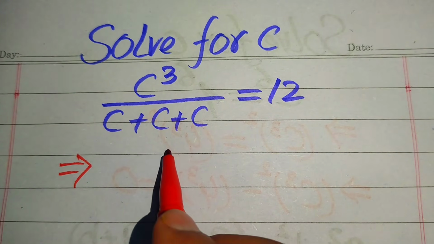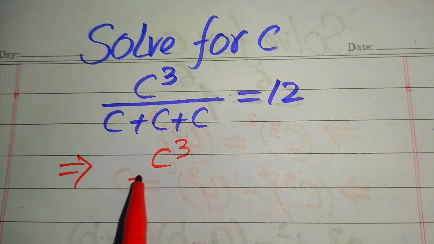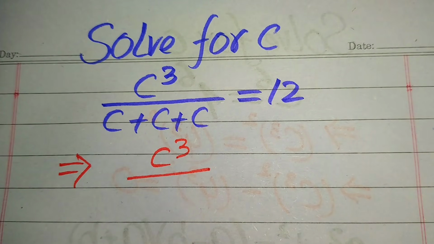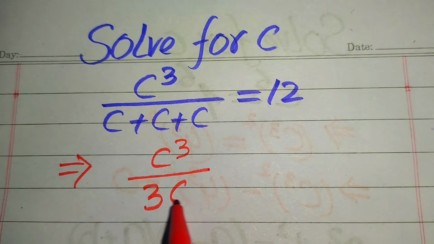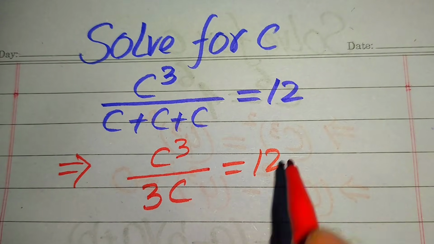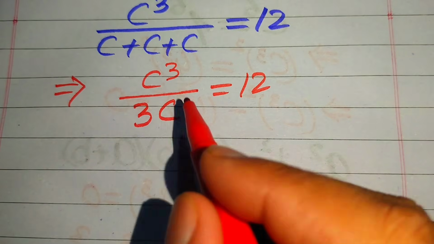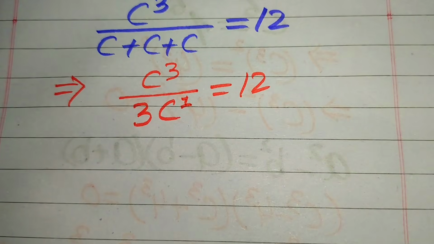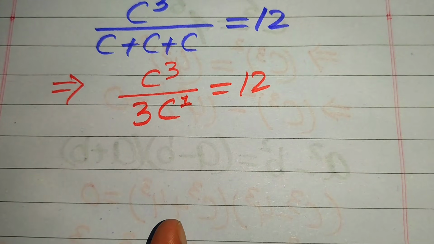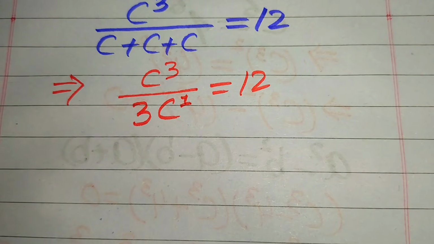So first we focus on the denominator side, and you see that c is added 3 times, and we write it as 3 times c is equal to 12. And here you see that the exponent of this c is 1, and we apply the nice exponential rule.